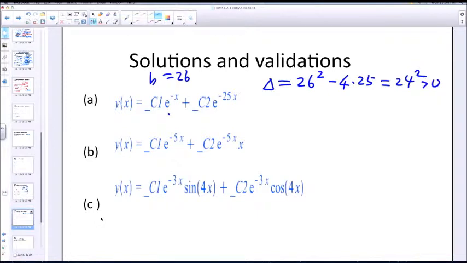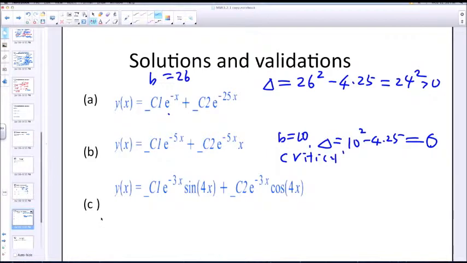And the second one, B equals 10, the delta equals 10 squared minus 4 times 25, which equals 0. You got the so-called critical damping. The critical damping has one root, r equals -5. The second solution is just multiplying by x the same solution. That's when you have this critical damping.